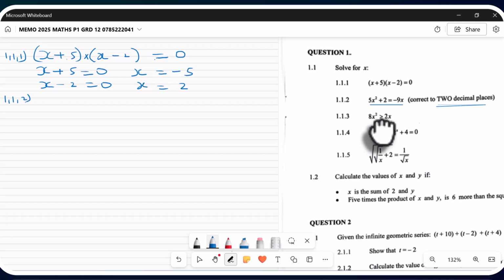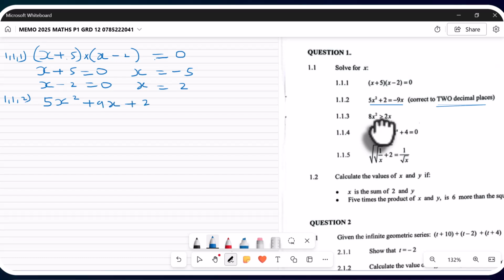Before we go ahead, you must write your equation in standard form: 5x squared plus 9x plus 2 equals 0.